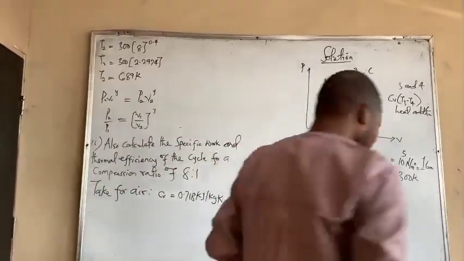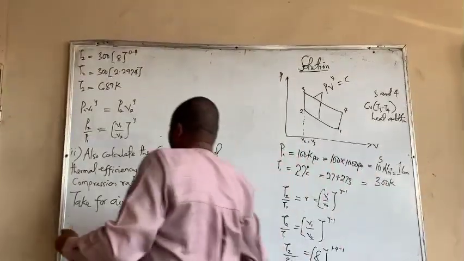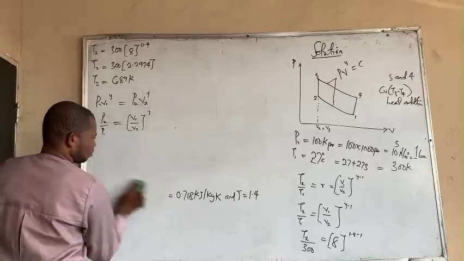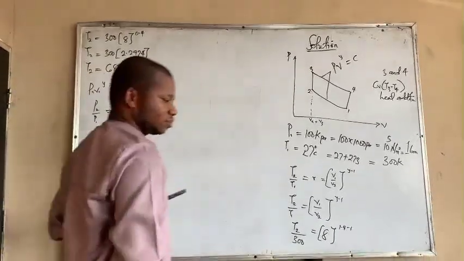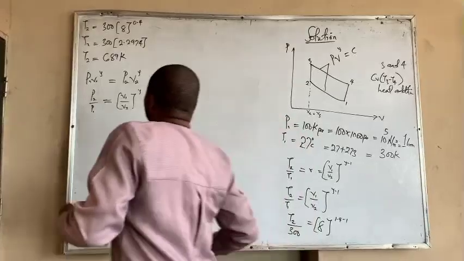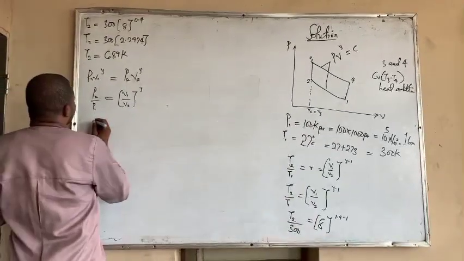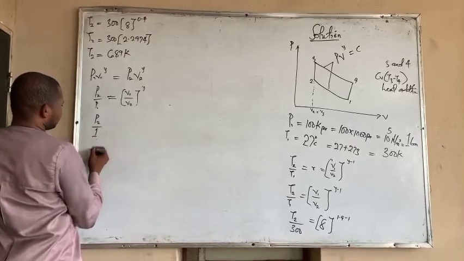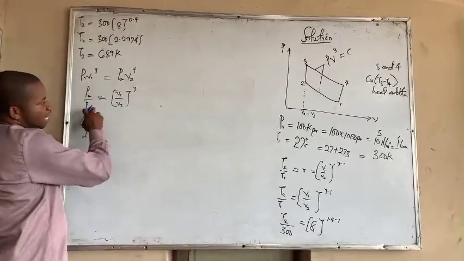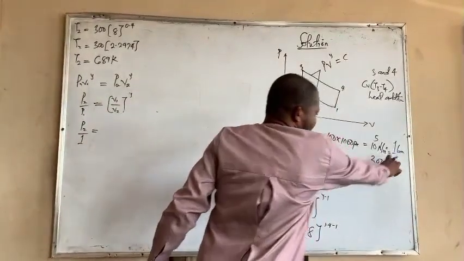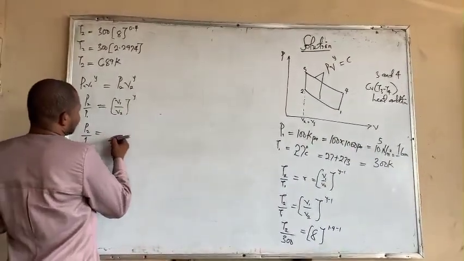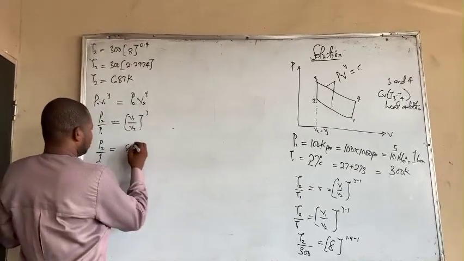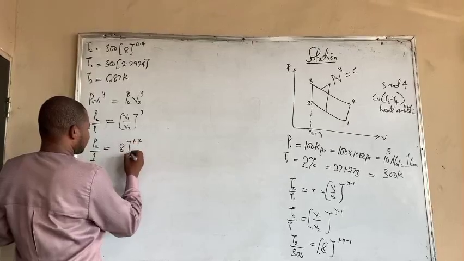Okay. So, on the look of things, we're now going to have P2 over P1 is equal to, mind you, my P1 is 1 bar, the compression ratio, V1 over V2, which is the compression ratio, all raised to the power 1.4.